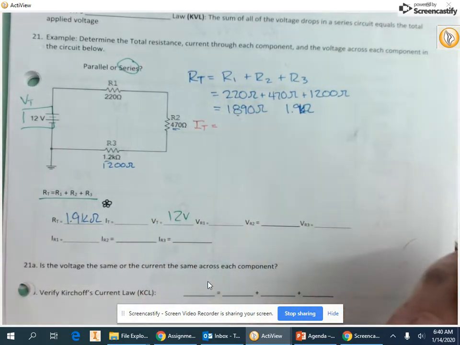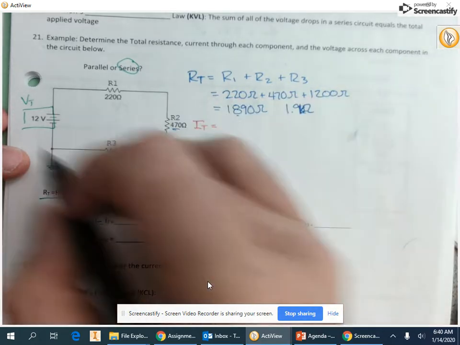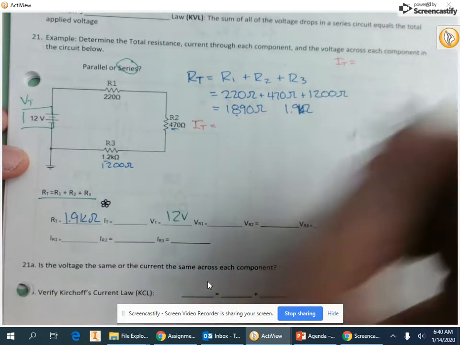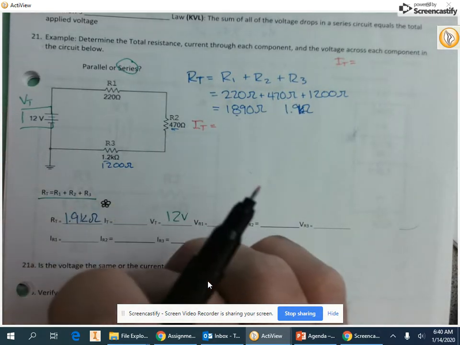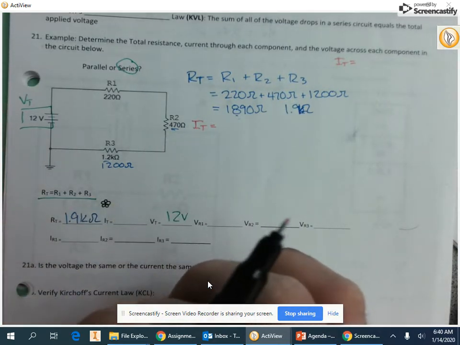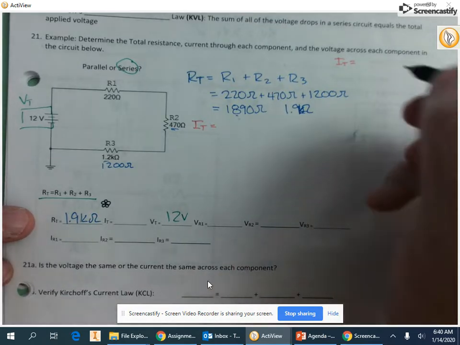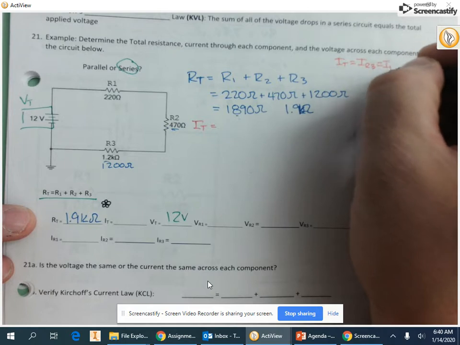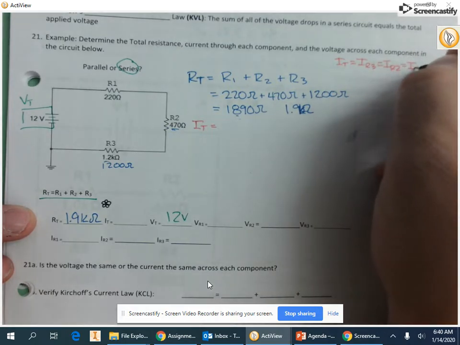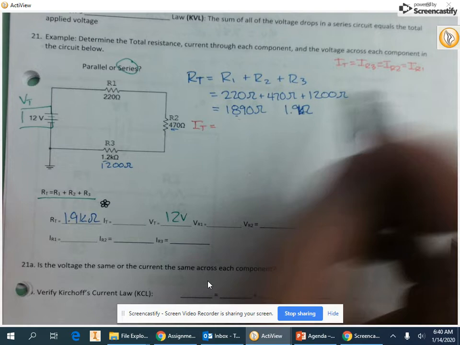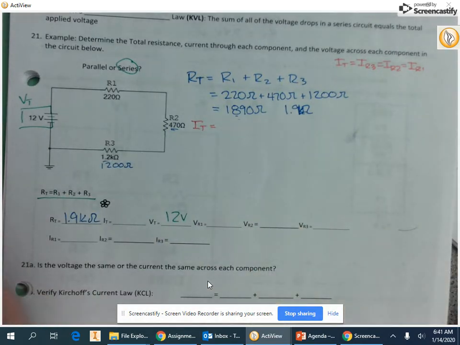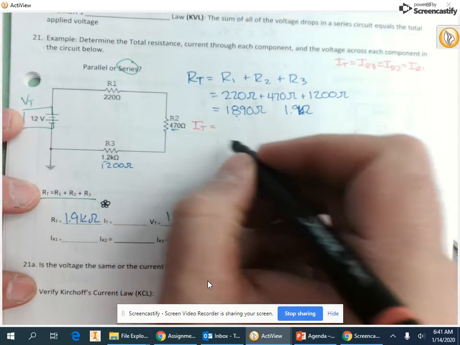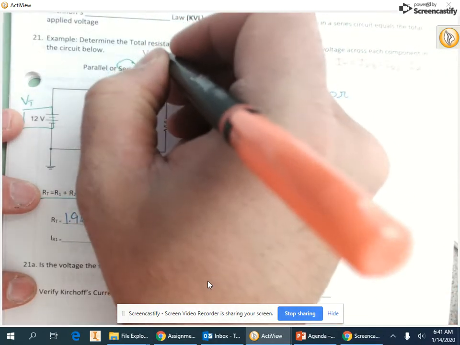I had to do it this way because there's no way to get the total current directly. The formula for total current in a series circuit is that the current is equal to the current at each individual resistor, but we don't know the current at each of them. So the other way we can do this is using Ohm's law, which says V equals IR.